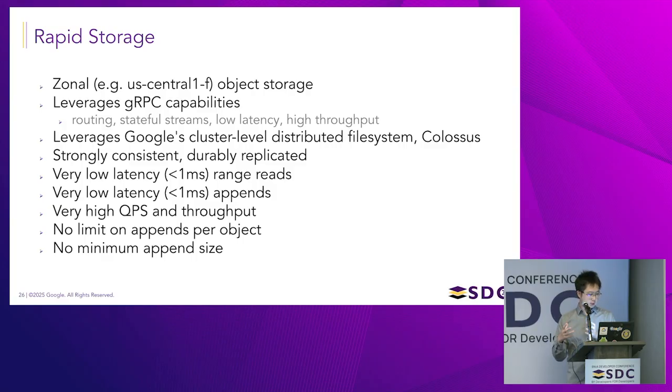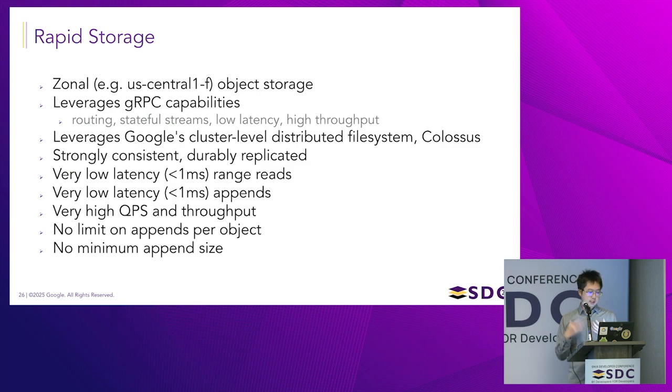And then I talked a lot about some of these gRPC capabilities. With these stateful streams, with this additional routing, this enabled us to do more things with Rapid. We're also building on top of Colossus, which is Google's cluster-level distributed file system. And here again, Colossus ends up being closer to the zonal level.